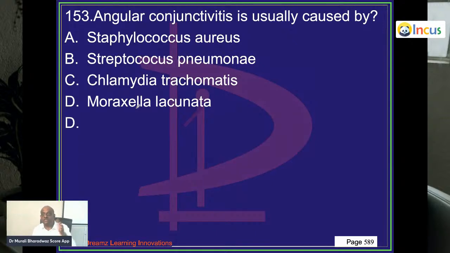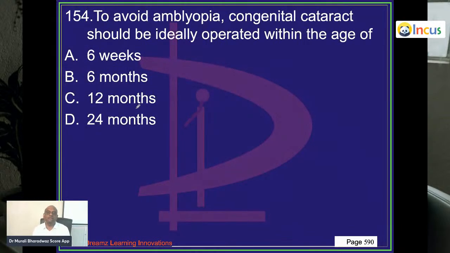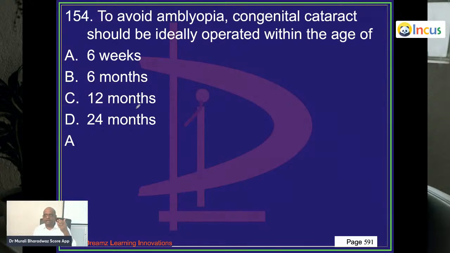Angular conjunctivitis is Moraxella. The other day I put one image: along the angle of the eye, there is development of conjunctival inflammation, which is angular conjunctivitis. Whenever congenital cataract is there, you need to operate within 6 weeks after birth. Ophthalmology is a great branch.